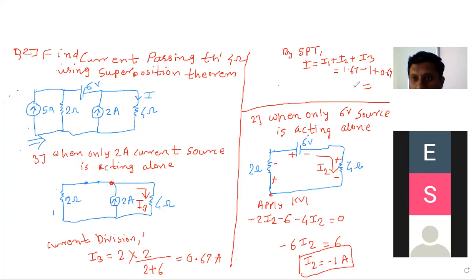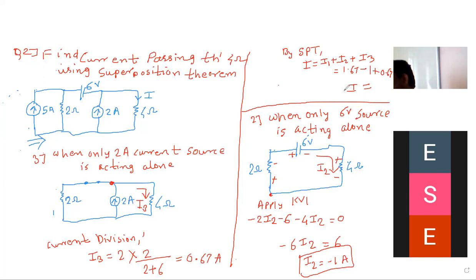Anyone? I is equal to 1.34. Yes. So that will be your answer. That is positive 1.34 ampere. So this will be your final answer.